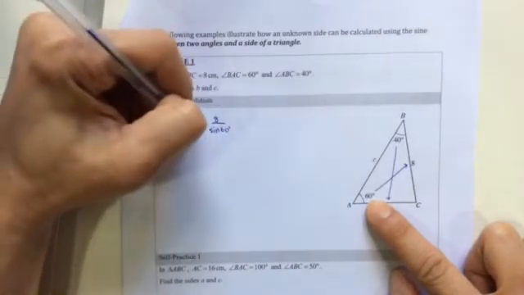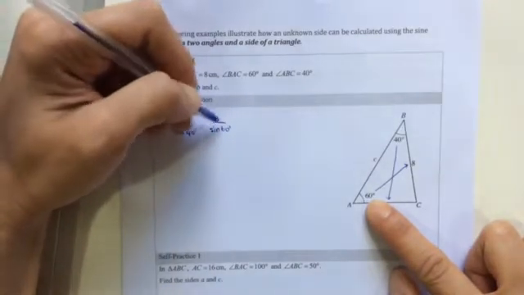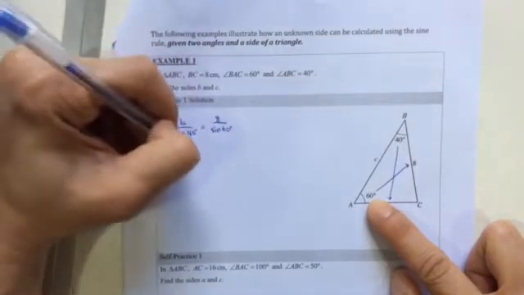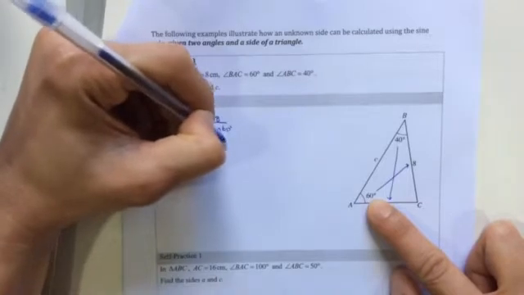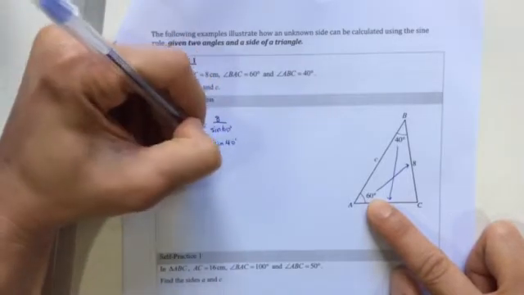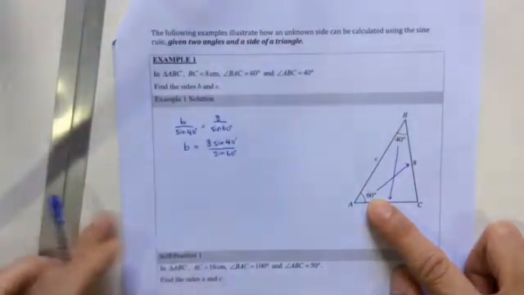I'm moving the sine 40 degrees from the denominator on the left to the numerator on the right. So B will be equal to 8 sine 40 degrees over sine 60 degrees.